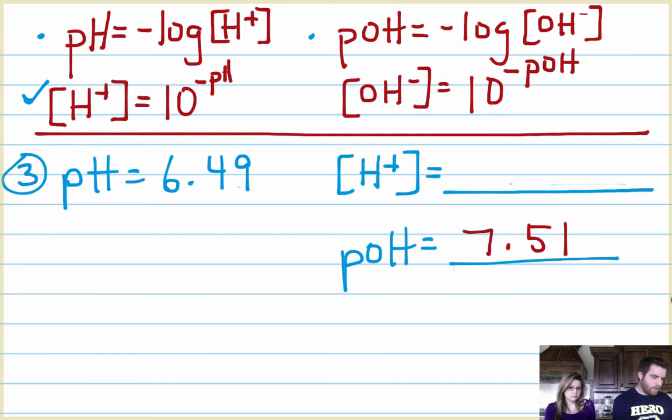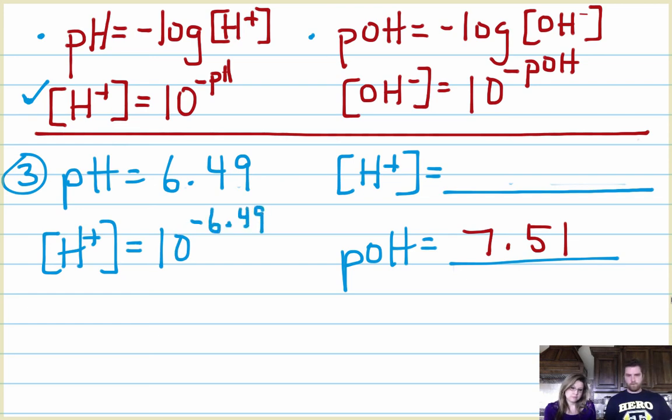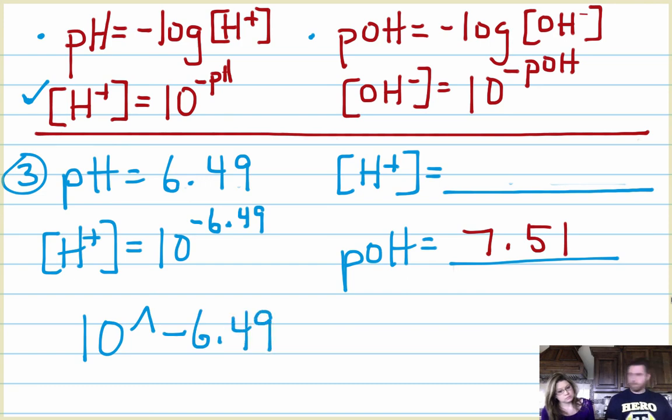The H+ concentration is equal to 10 to the negative 6.49. When you type this in your calculator, you type 10 caret negative 6.49. Once you do that, you get your answer, which is 3.24 times 10 to the negative 7.